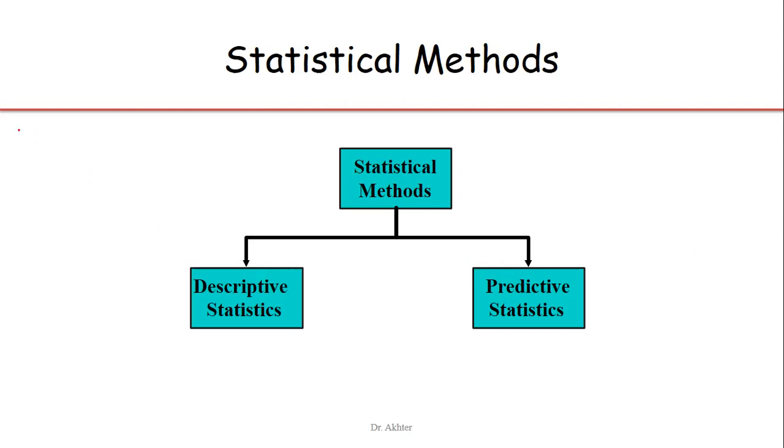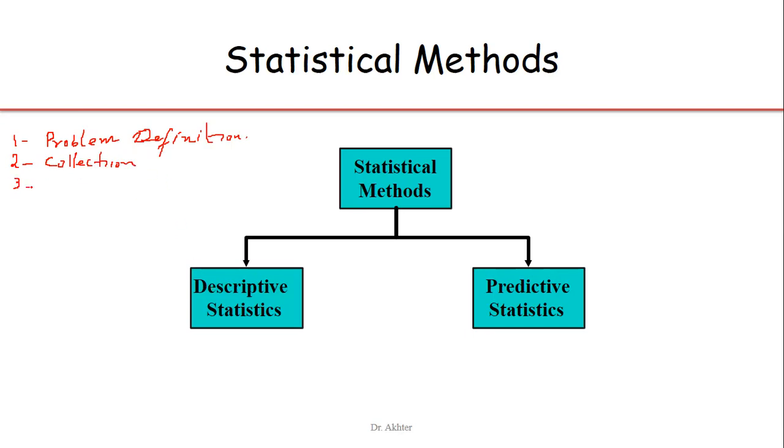The very first step is problem definition, or we can call it describing the research problem. After defining, we have to collect the data, the second step. The collection of data is a part of descriptive measures.